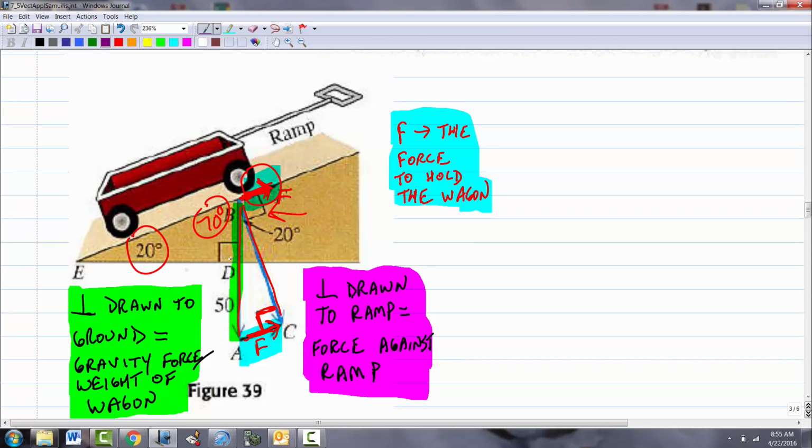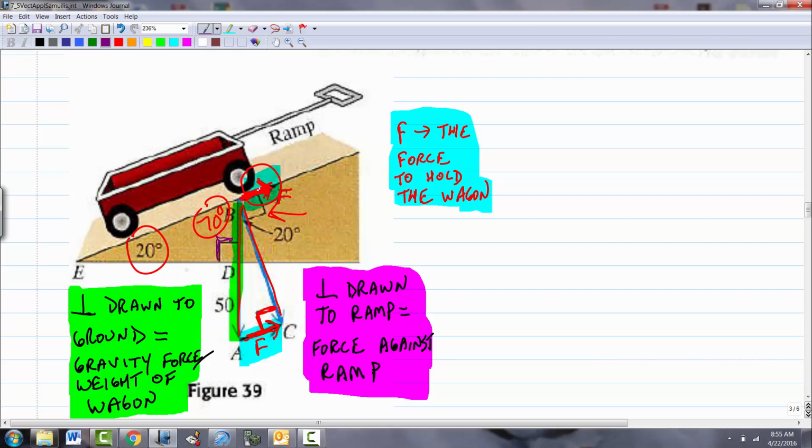So the first thing you'll need to do is put a 90-degree angle right here with that gravity vector. Well, then the next vector is this one. How do you explain this vector right here? What does that vector represent? Well, that's the vector that is affected by how much incline is in the ramp.